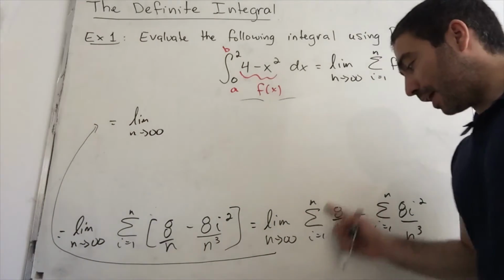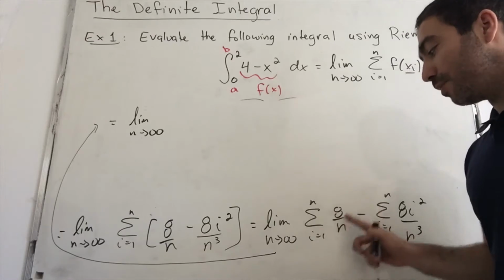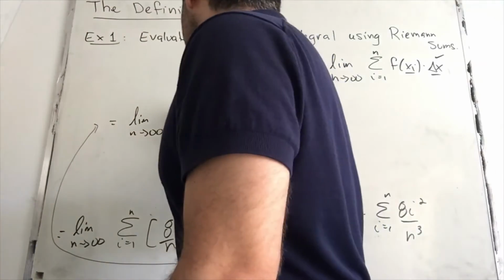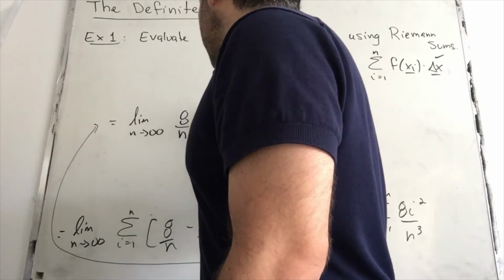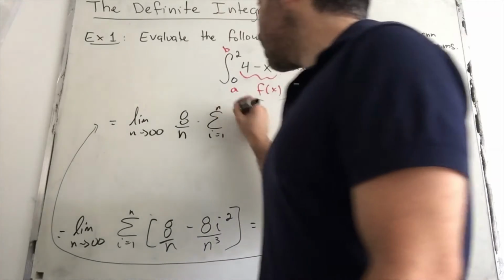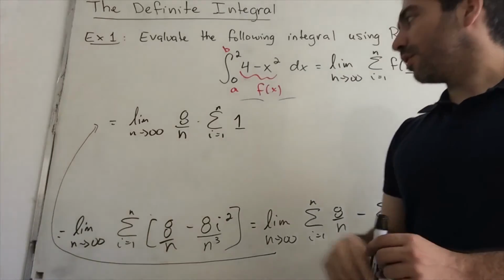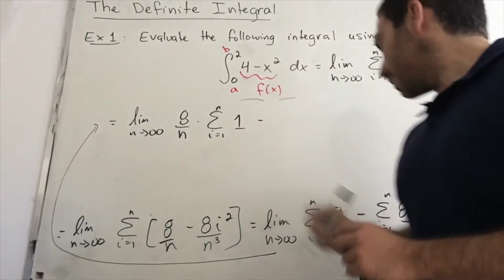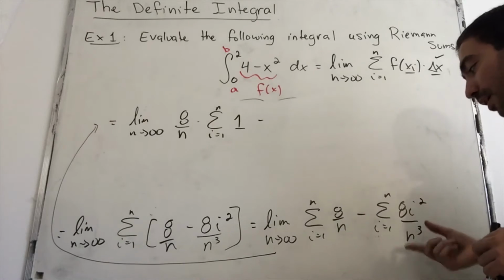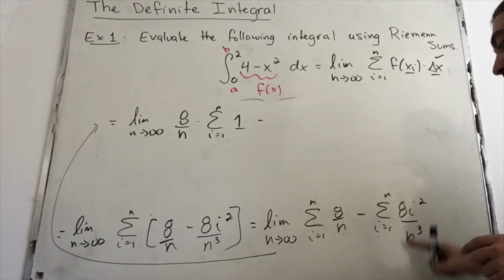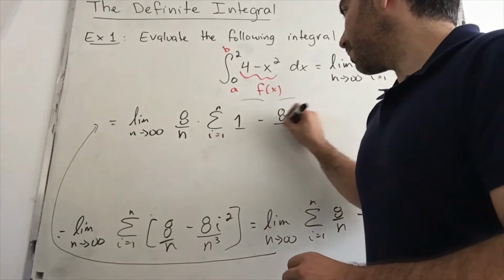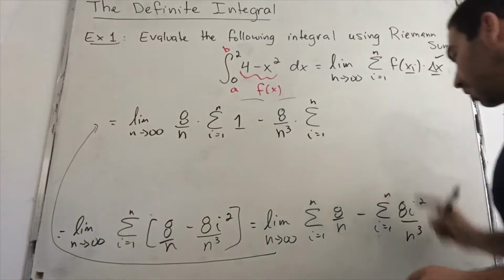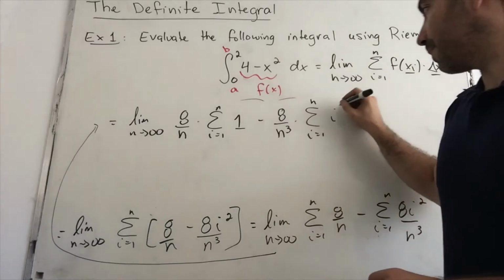So since there's no term that has an i, we could treat the 8 over n as a constant. So we could pull it out, leaving us with 8 over n times the summation from 1 to n of just 1. If I multiply this back in, I get what I started with, so that's okay. Minus, again, everything that doesn't have an i, I'm going to factor out. So I'm going to remove the 8 over n cubed, and we're left with the sum from 1 to n of just i squared.